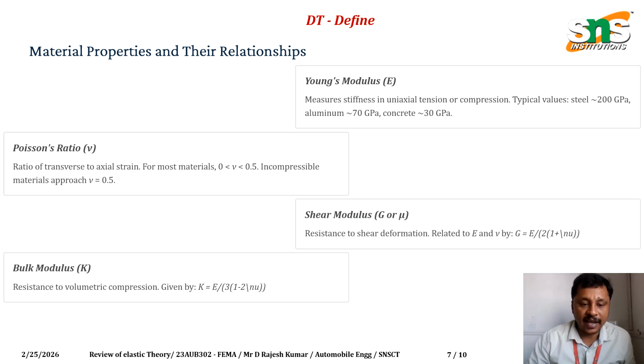It is denoted by K equals Young's modulus divided by 3 times (1 minus 2 times Poisson's ratio). So these relationships are fundamental. Once you know Young's modulus and Poisson's ratio, you can calculate every other elasticity property. This is exactly what FEM software does behind the scenes when you input the material data.